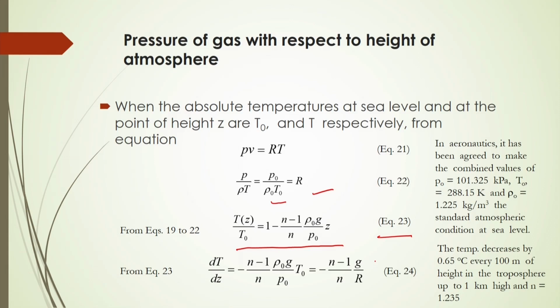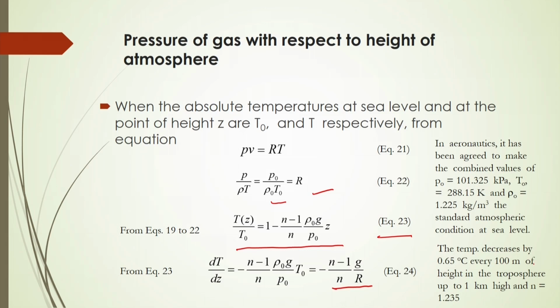if you know the atmospheric pressure and the polytropic constant and also the density at sea level and what should be the height there. Again, from equation number 23, you can express dT by dz, the temperature gradient. This will be equal to simply minus (n minus 1) by n into g by R. That means, here is how temperature will be decreasing whenever you go up to a certain height in the atmosphere.